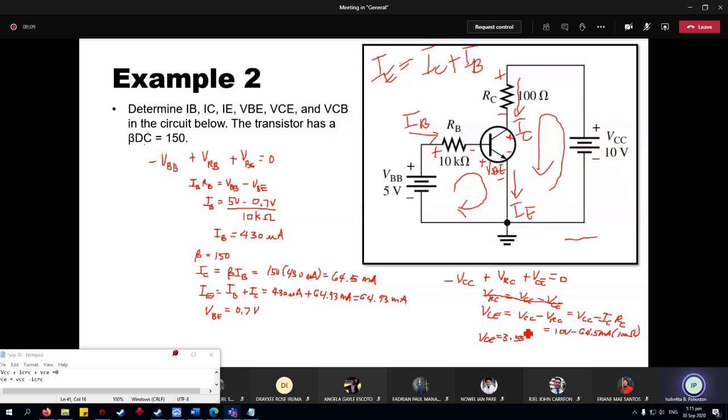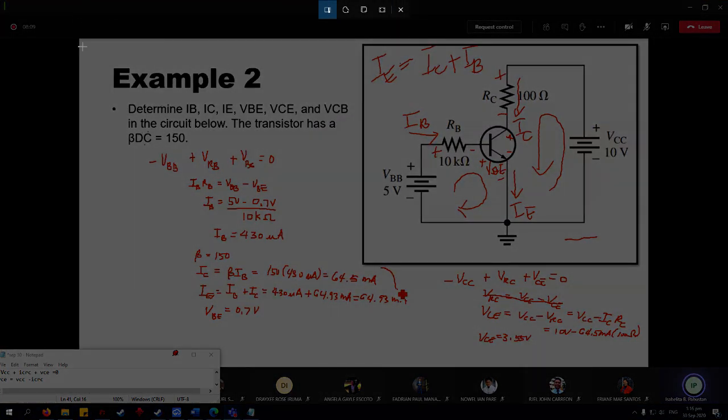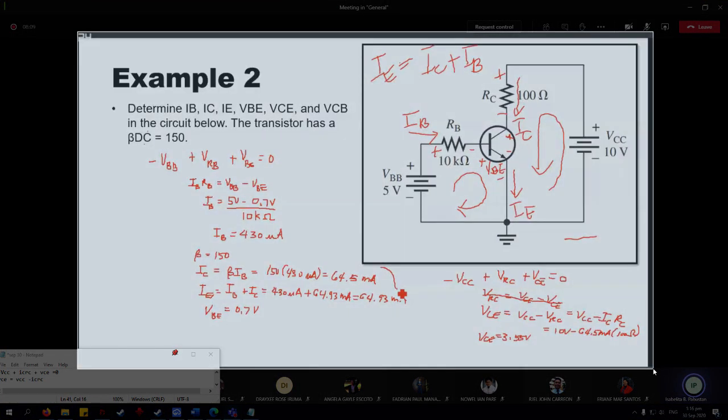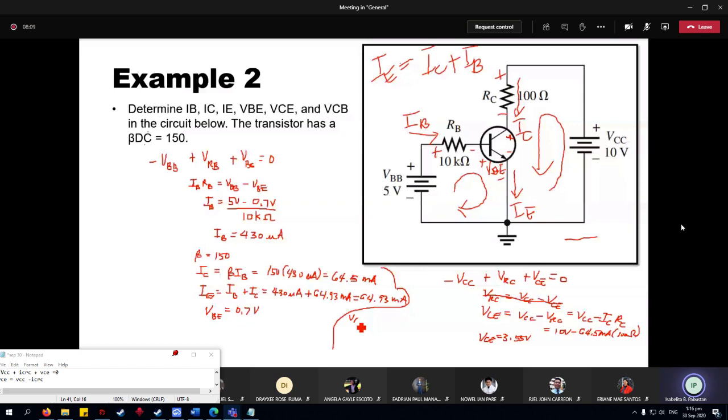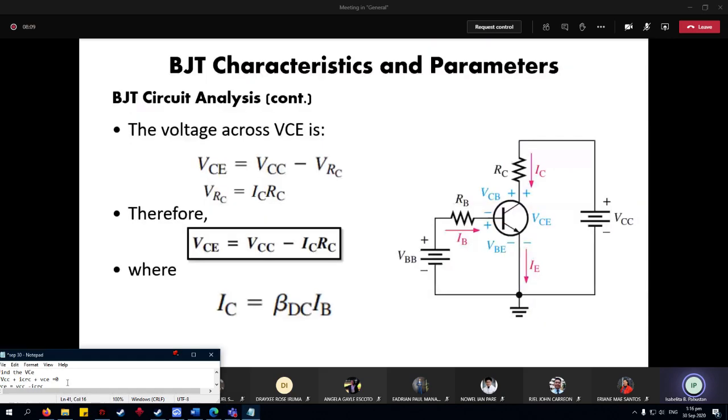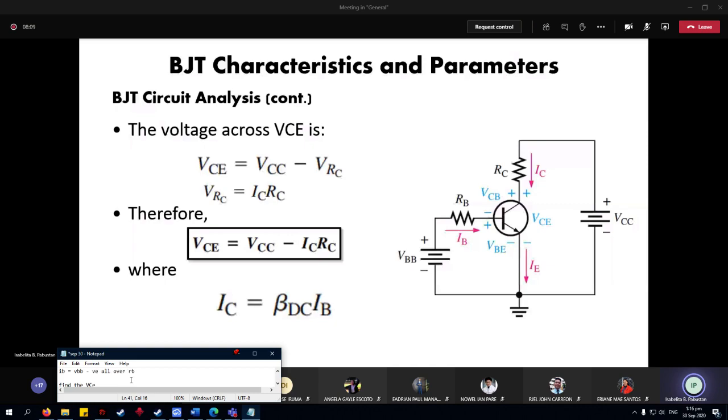Okay? 3.55 volts. Okay? So what else? The VCB. So how can we compute for the VCB? Okay, wait lang. Okay. So the VCB, you know that the VCE is equal to VCB plus VBE from the formula that we had a while ago.